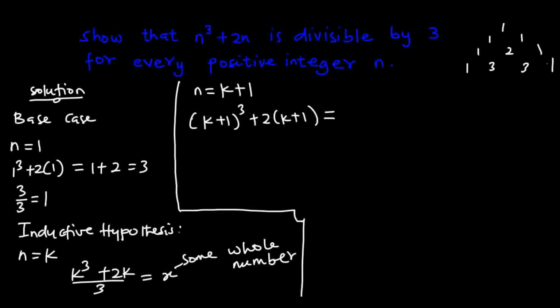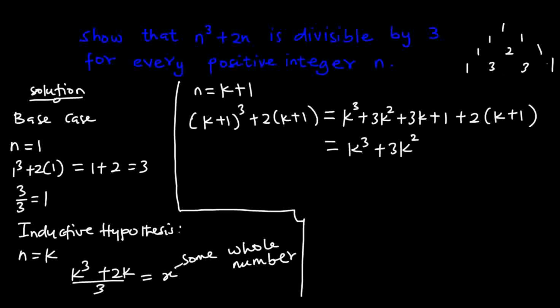Expanding this bracket, that's k to the power 3 plus 3k squared plus 3k plus 1. Then you add plus 2 multiplied by k plus 1. So this will be equal to k to the power 3 plus 3k squared plus 3k plus 1 plus 2k plus 2.